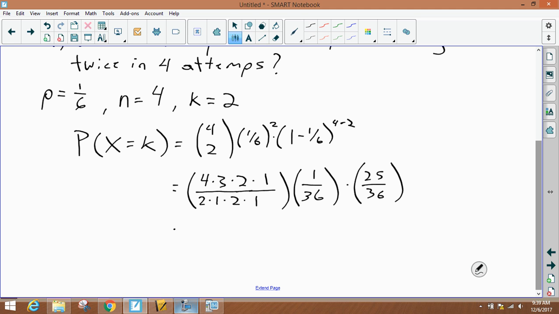So 6 times 1/36 times 25/36. It's 25 over 36, which is 150 over 36 squared.